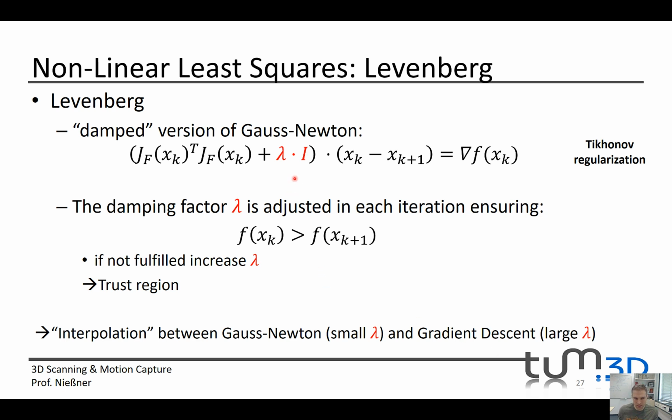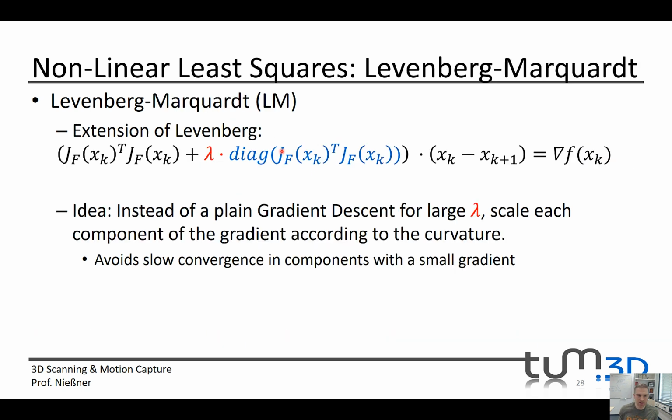And this version means that instead of using the identity here, you can go ahead and take the diagonal of JTJ. And this makes sense because that is now scaled with the respective diagonal entries. Right? So instead of using a plain gradient descent for large lambda, you basically scale each component of the gradient according to the respective curvature.